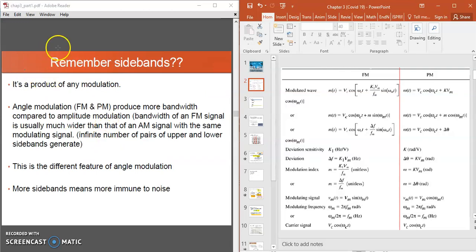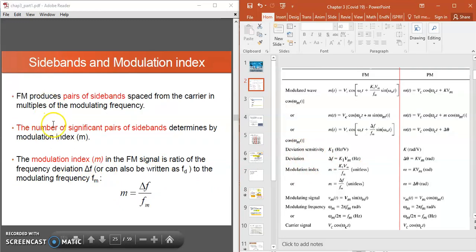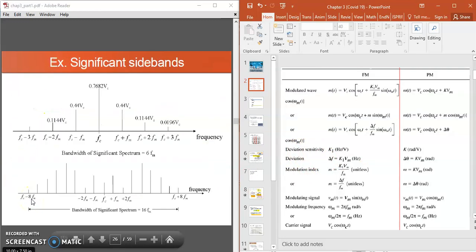Now remember the sidebands, as I mentioned before in amplitude modulation. It is a product of any modulation. More sidebands means more immunity to noise. Normally in AM we can only have an upper sideband and a lower sideband, but in FM it is different.